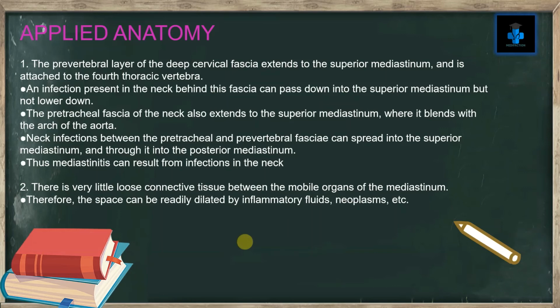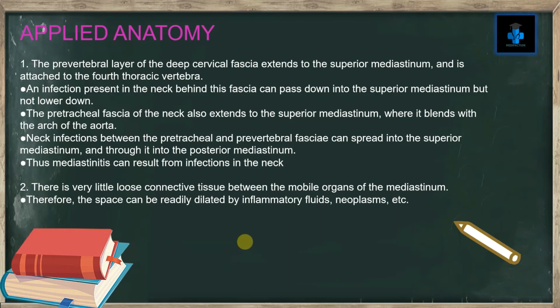The pretracheal fascia of the neck also extends to the superior mediastinum where it blends with the arch of the aorta. Neck infections between the pretracheal and prevertebral fasciae can spread into the superior mediastinum and through it into the posterior mediastinum. Thus, mediastinitis can result from infections in the neck.